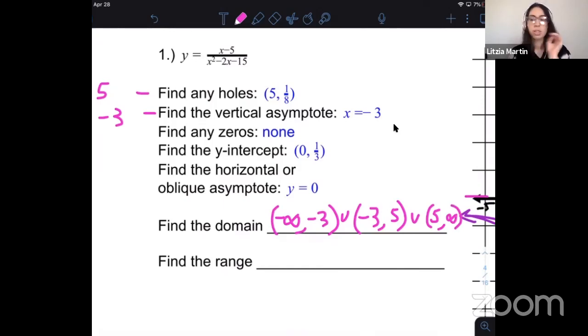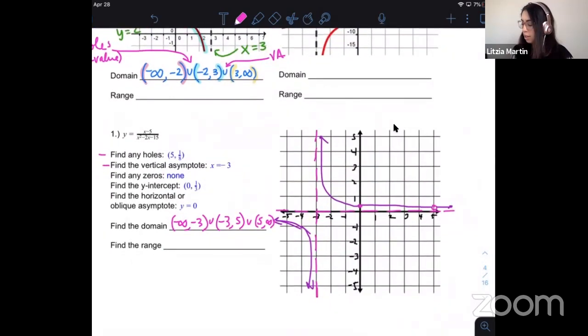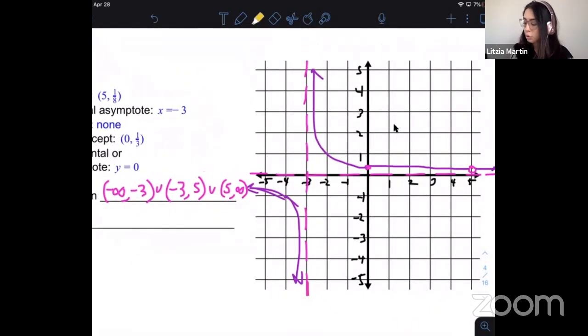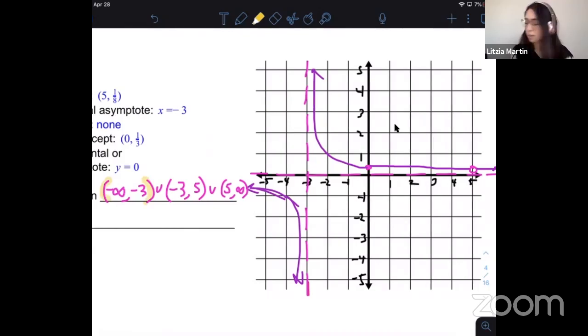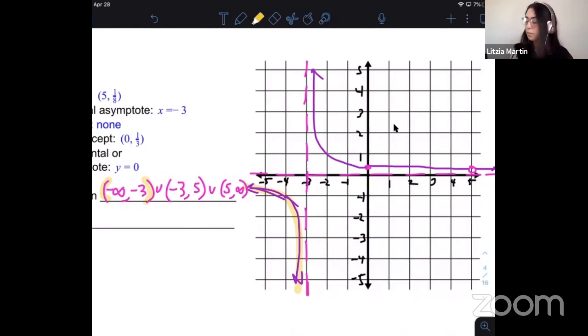Okay, so let's double check that with the graph and see that that makes sense here. So the first piece here from negative infinity to -3 is going to be this chunk of graph right there, which makes sense. We see that there's the vertical asymptote at -3, so that works.